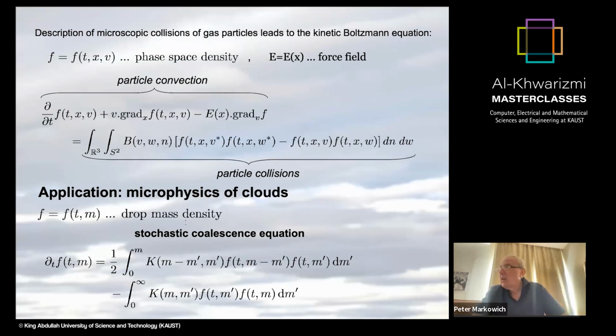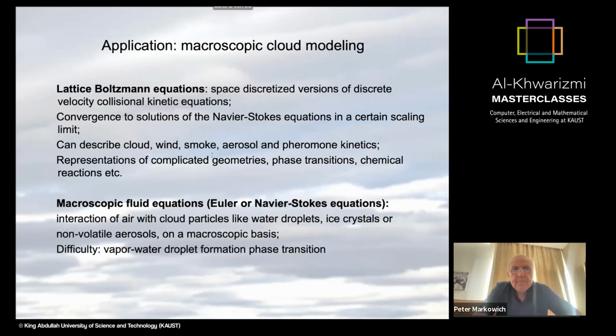So you can think of clouds as unions of small droplets of water, which are somehow dispersed in the air. And here you would see another non-linear, non-local equation, which is very much derived from the famous Boltzmann equation, and which models directly the motion of clouds.